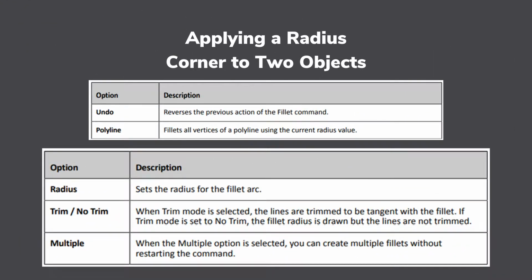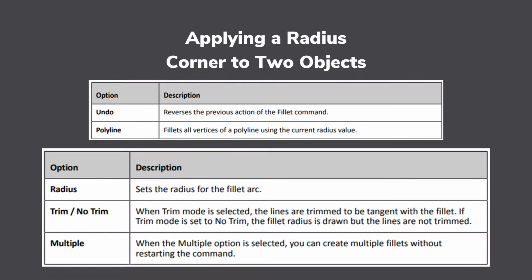Okay, so the following options are available for the fillet command. So the first option is undo. So ibig sabihin, reverses the previous action of the fillet command. So for the next option, polyline, fillets all vertices of a polyline using the current radius value. For the third option, radius, sets the radius for the fillet arc. For the fourth option, trim or no trim.